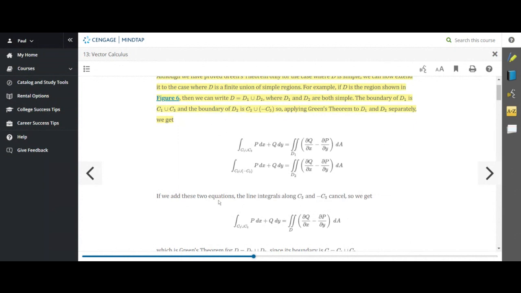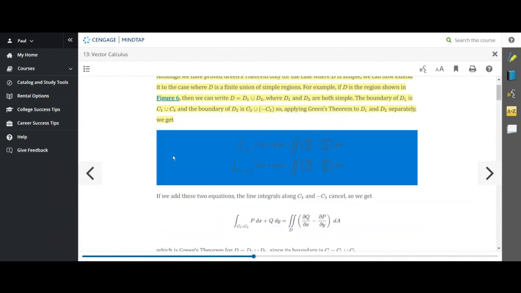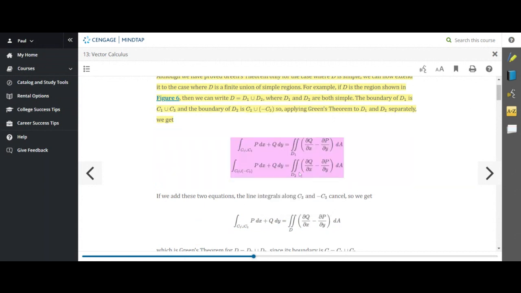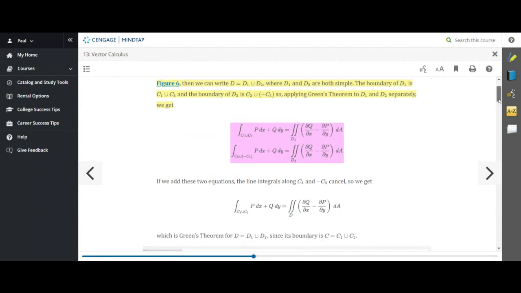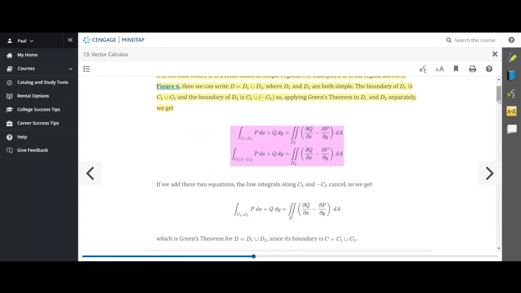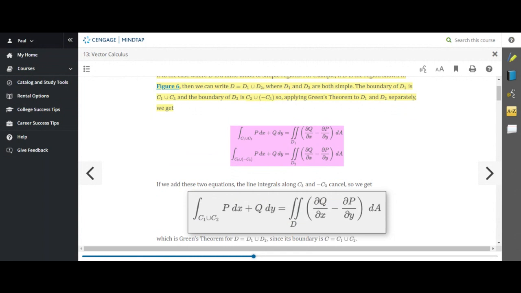Let me highlight it in pink. So if we add the two equations, the line integrals along C3 and negative C3 will cancel. And that would give you this expression in the highlighted box using Green's theorem.